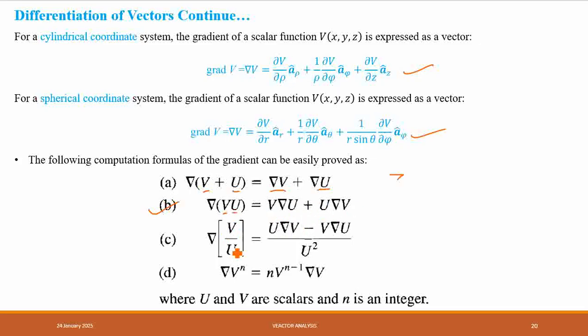If these are in division form, then you can write it in this way. And if a scalar function v is written as v to the power n, and you have to find the gradient, then you can write n v to the power n minus 1 del of v. So these are the computational formulas which you can use to find the gradient of any scalar.